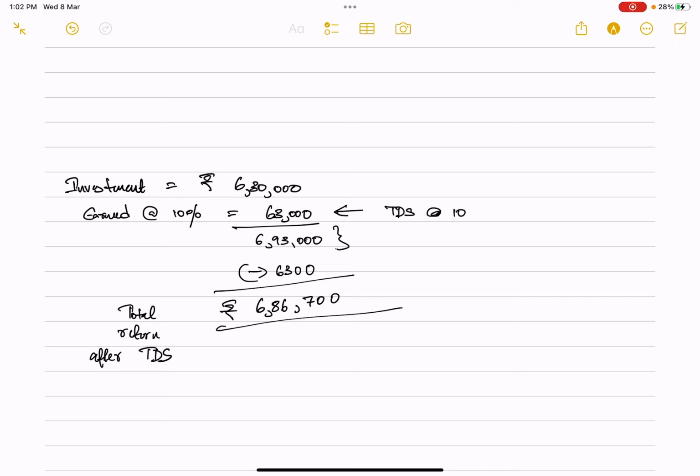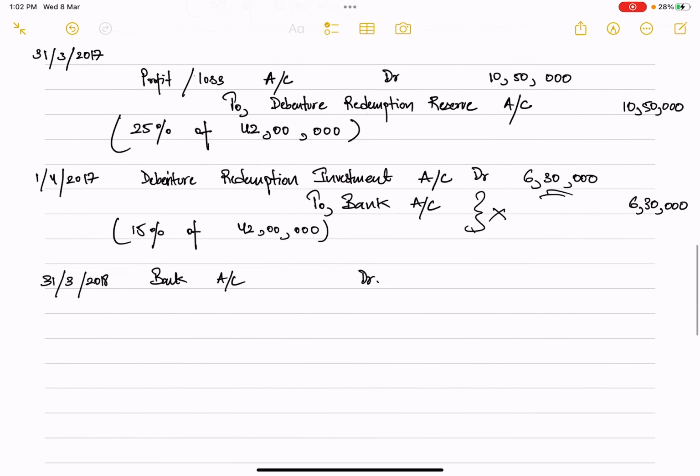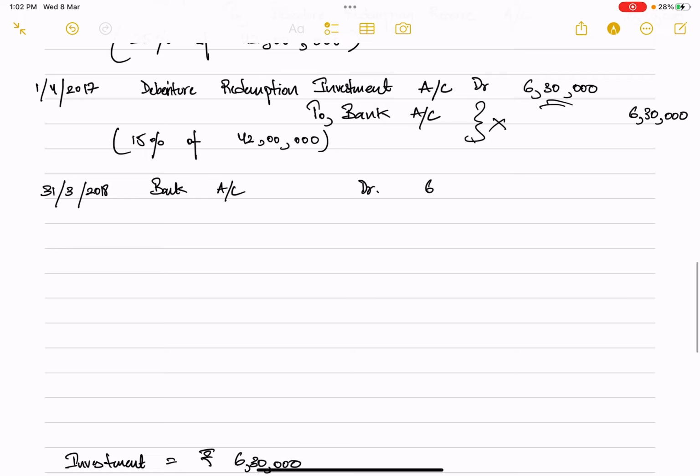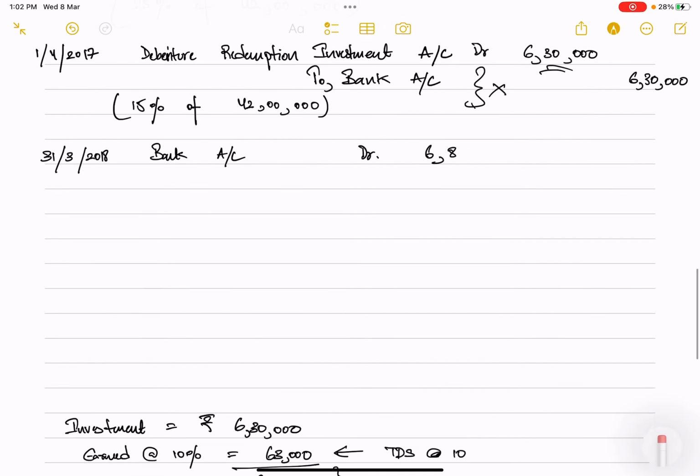So rupees 6 lakhs 86,700 will actually be received into the bank account of the company.